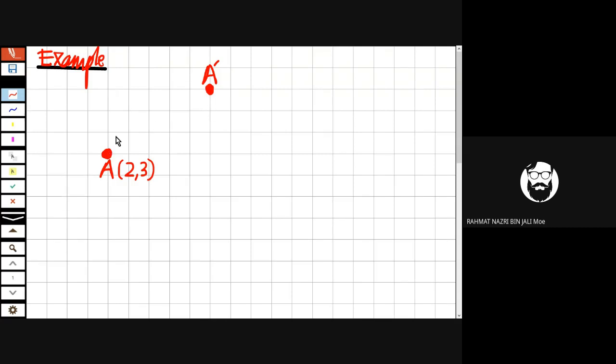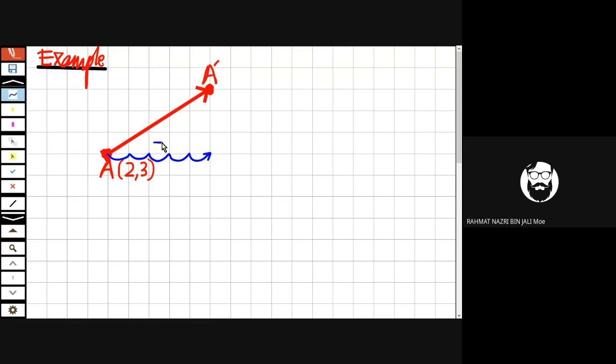Petak ni biar betul baru dapat ikut saya punya. Okay, vektor dia macam ini. Dan kita lukis movement dia. Berapa ini? 1, 2, 3, 4, 5.